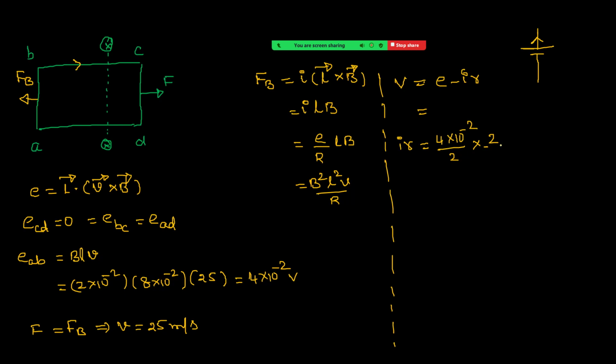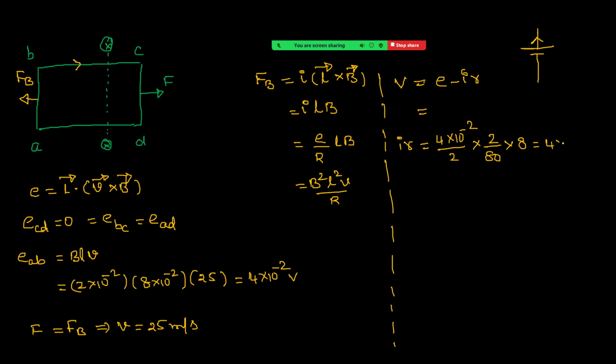I am dividing that by the total length of the loop: this is 32, this is 8, so this is 40, this also 40, total 80. So 2 by 80 is the resistance per unit length, into the length of this wire AB, which is now 8. Then see how much this value comes out to be.